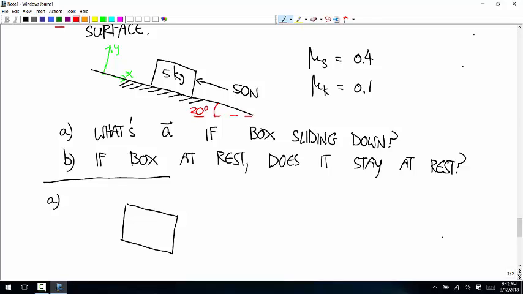No, we need to be told what direction it's sliding, because that determines which direction the friction force goes. You have to be told which direction because the friction force always goes the opposite direction.